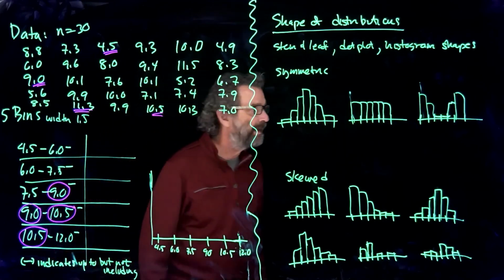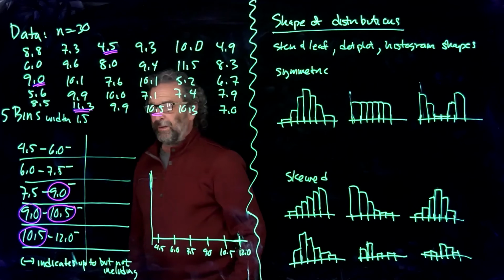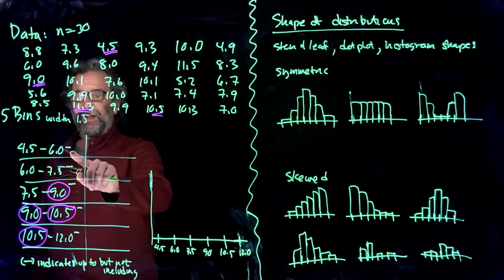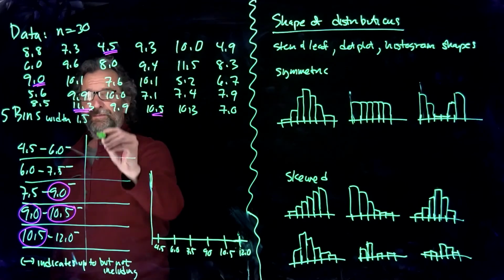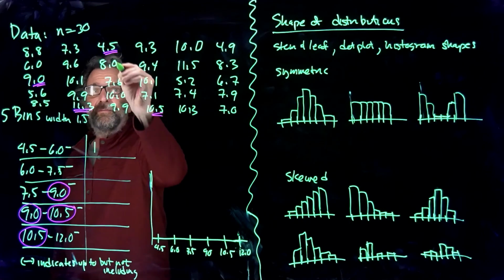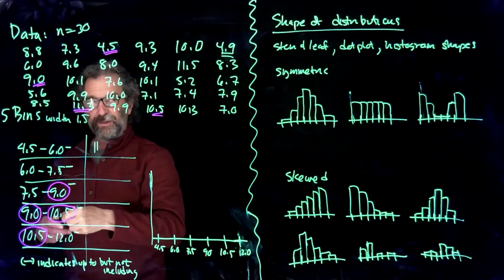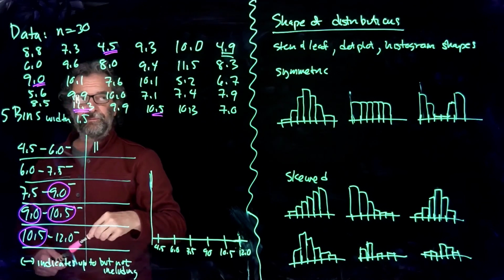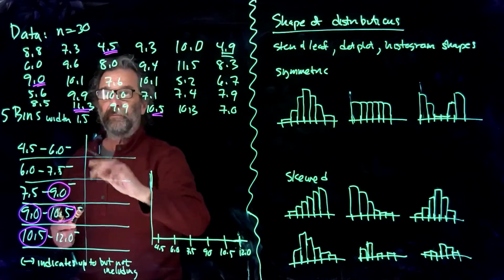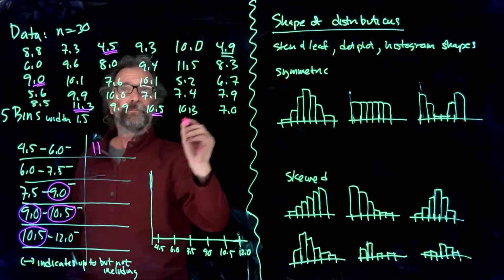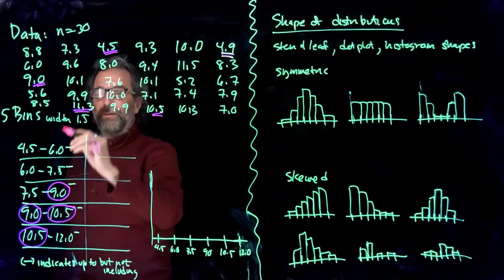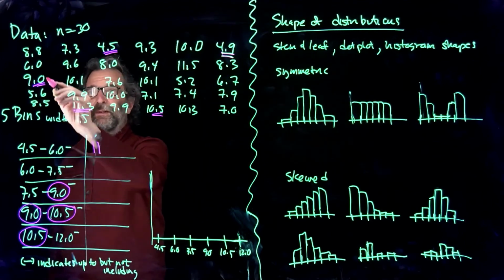Okay, we're just about out of space, but we're okay. So we're going all the way up to 6, but not 6. So here we go. 4.5 is one of them. 4.9. Maybe we should change colors. Looking for 4.5 up to 6.